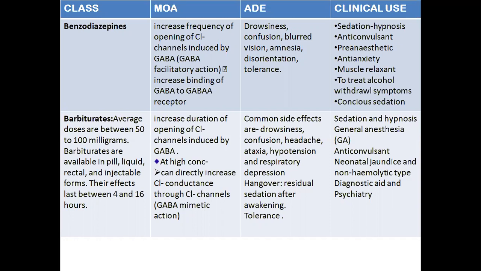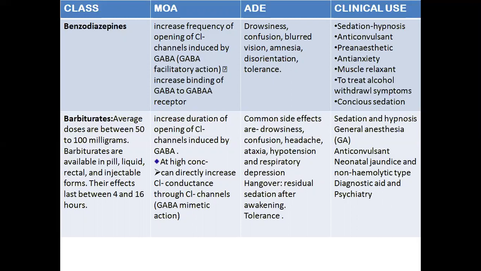It may be used in different types of surgery related with sedation and hypnosis, as an anticonvulsant, as a pre-anesthetic agent, as I told you for surgery cases, as anti-anxiety, as a muscle relaxant, and sometimes to treat alcohol withdrawal symptoms, and rarely for conscious sedation.